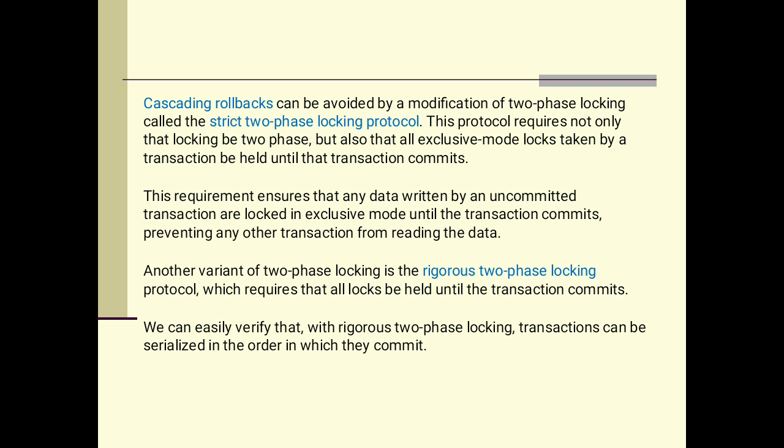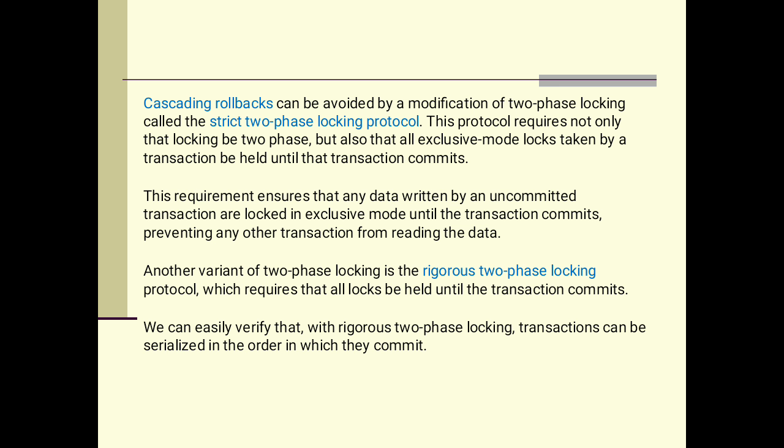This requirement ensures that any data written by an uncommitted transaction is locked in exclusive mode until the transaction commits, preventing any other transaction from reading that data. So here at a time only one transaction may acquire the data.